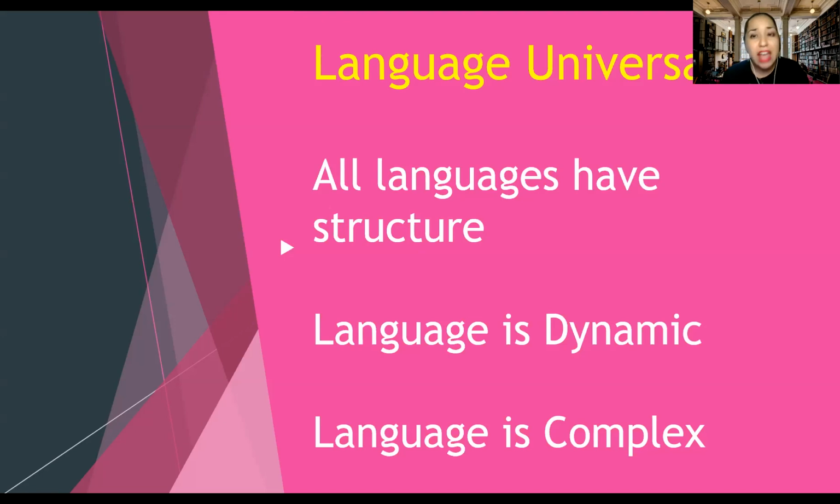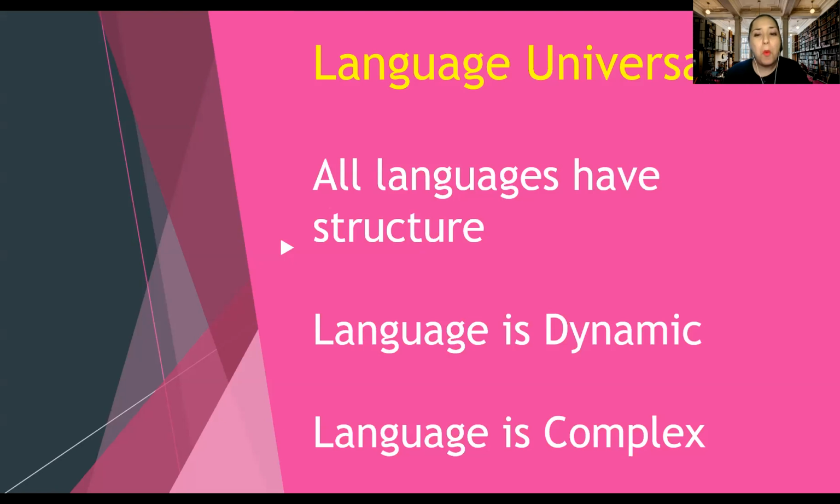If we don't have that, we might get confused about which time we are speaking of. So yes, every language, it doesn't matter if you're talking about Mandarin, commonly known as Chinese, or Japanese, English, Spanish, Portuguese, and so on. Every language has a structure.